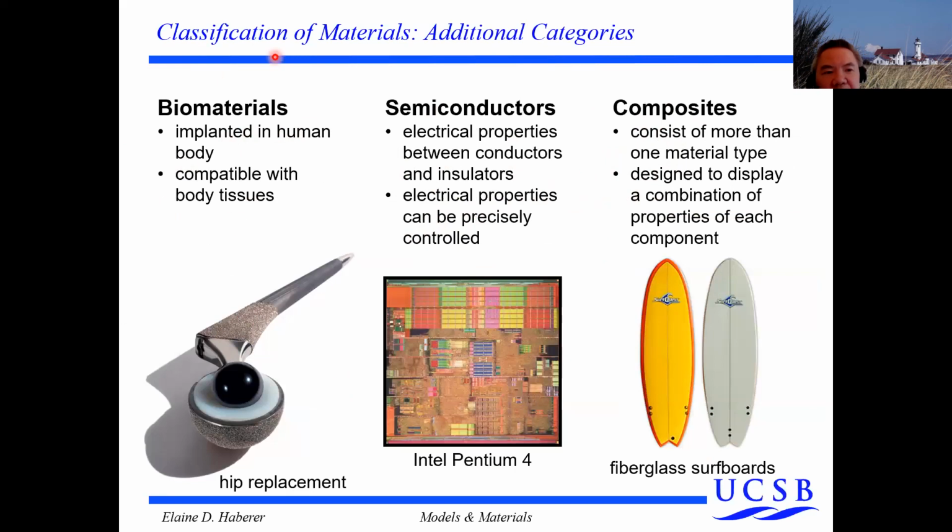Okay, so essentially some more types of materials that people analyze: biomaterials, semiconductors, composites. Biomaterials are used in hip replacement medical technology, semiconductors, the Pentium chip as an example, and composites, fiberglass surfboards.